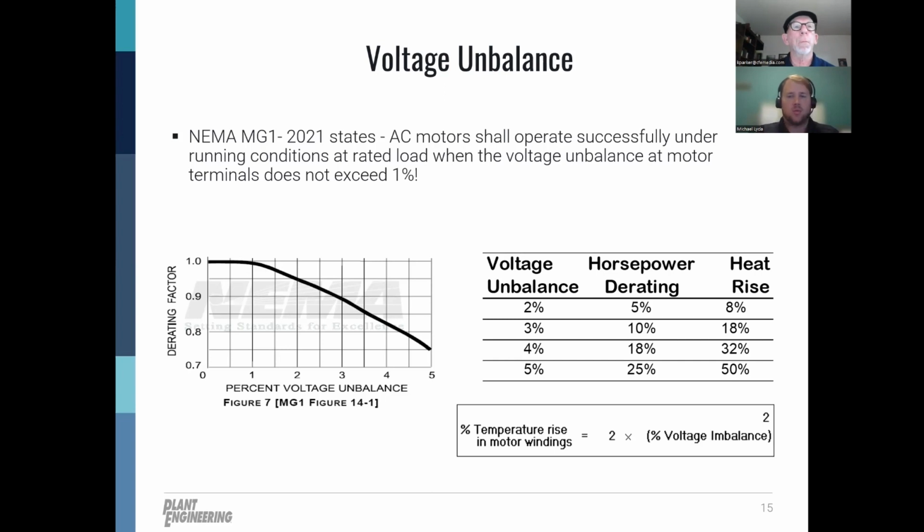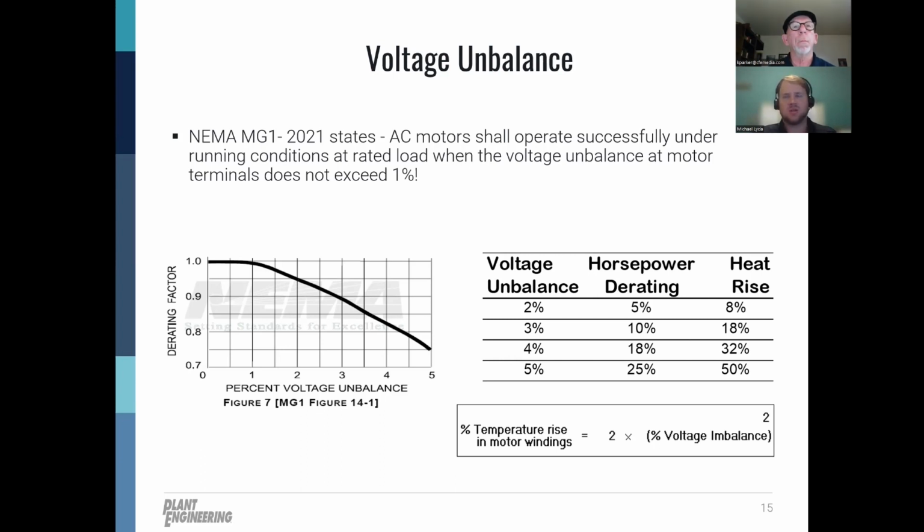As I mentioned, we are a member utility organization here at Advanced Energy, so we work with quite a few utilities very often. Typically, the utilities have PPAs, power purchase agreements, in place that set limits on the amount of voltage imbalance they would provide to a customer, typically in the 2 to 3% range.